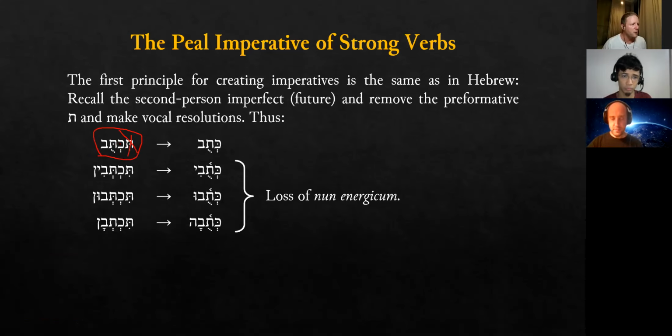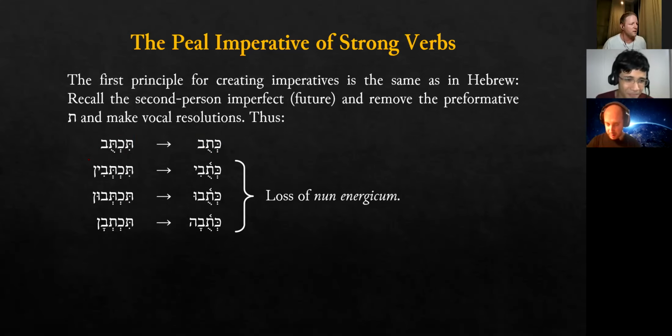You're going to harden that first consonant because it's at the beginning of a word, which means that this shva is now vocal, and that makes this one soft. So we're going to remove the dagesh from it, and we end up with this form ktuv. Ktuv is the imperative, write. Write thou in a book.